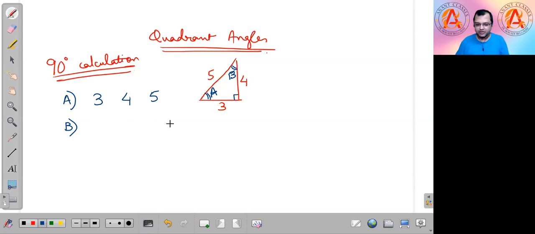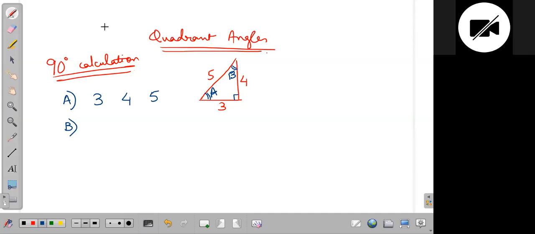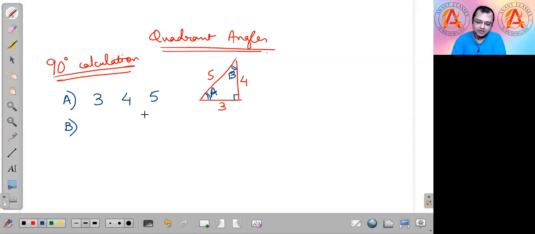What should be the triple for angle B? Yes, the triple should be 4, 3, 5.